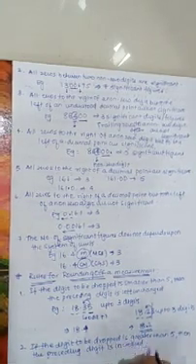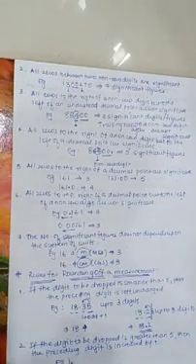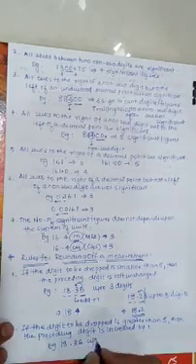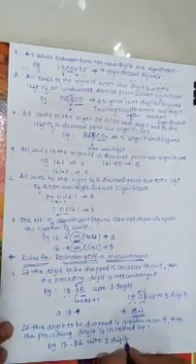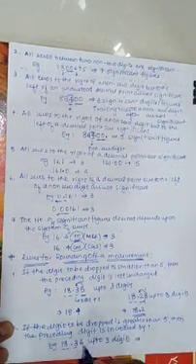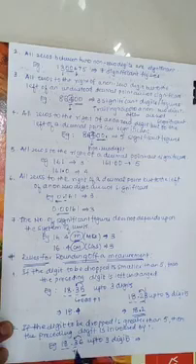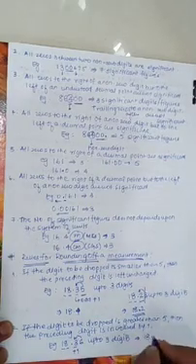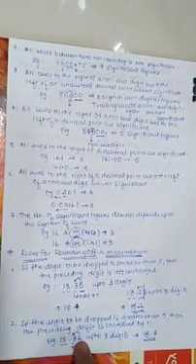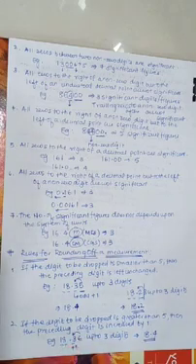Suppose the same example, 18.36, up to 3 digits. You take the first 3 digits, 1 2 3, done. Now the dropped digit is 6, which is greater than 5. You have to add 1 to the preceding digit. So your answer is 18.4. That is 3 plus 1, that is 4. So the answer is 18.4.